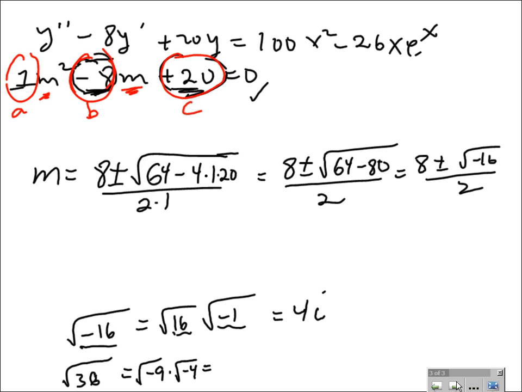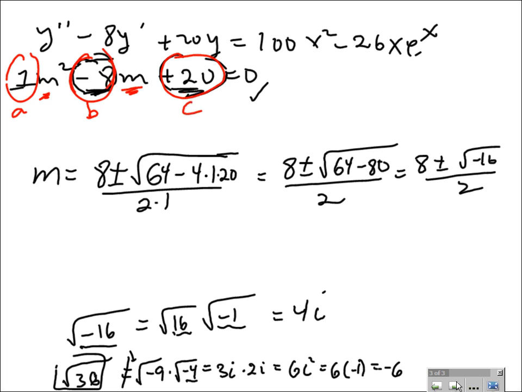The square root of negative 9 is 3i. The square root of negative 4 is 2i. 3 times 2 is 6, times i times i, i squared. But i squared is negative 1. I get negative 6. The square root of 36 is not negative 6.